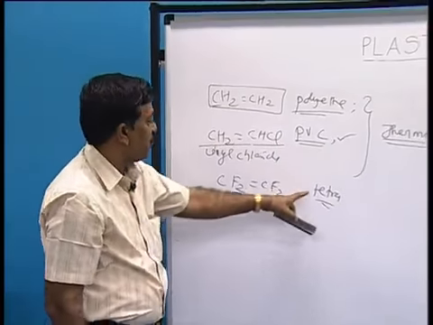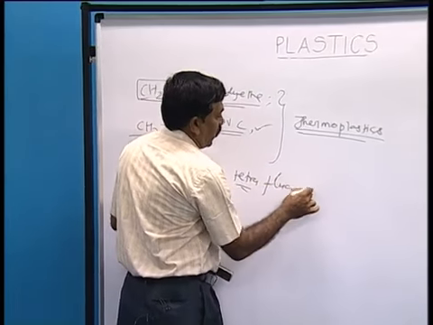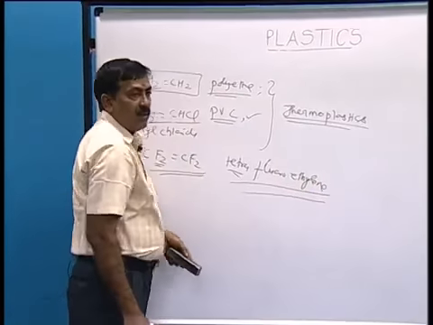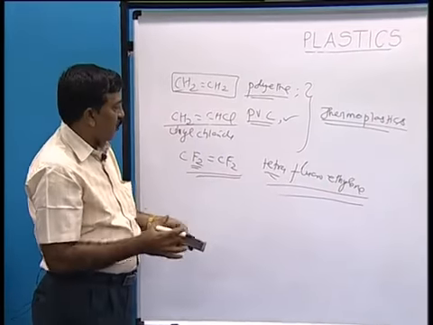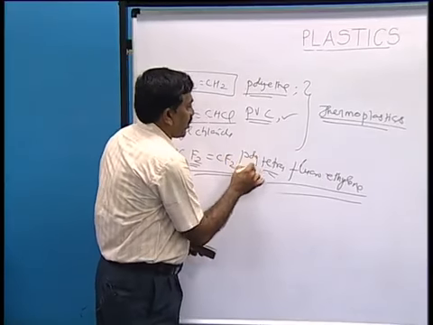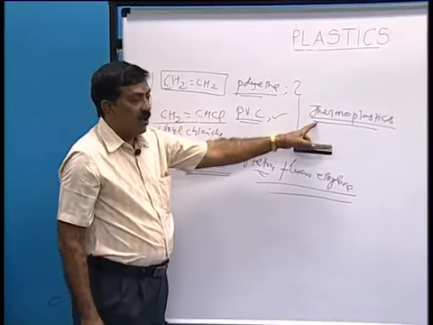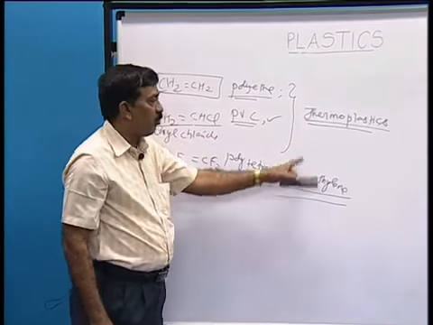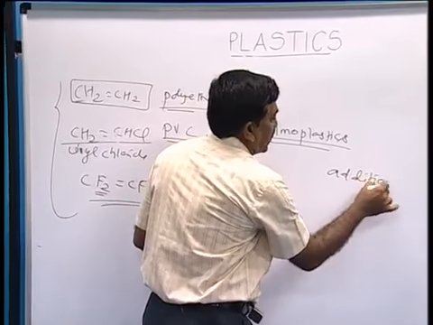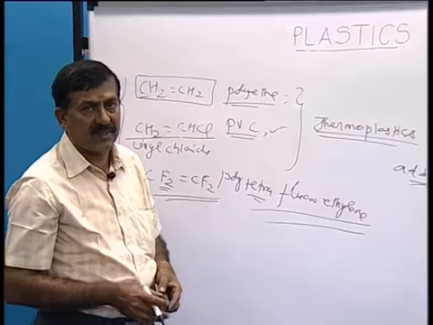So tetrafluoroethylene. If many tetrafluoroethylenes are added one by one, this is called polytetrafluoroethylene. So these are all called thermoplastics. All these plastics are formed by addition polymerization reaction. Addition of 1, 2, 3, like that, addition polymerization reaction.